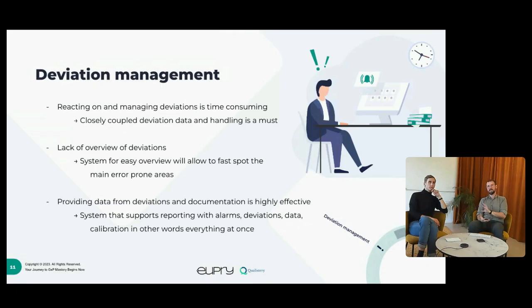So having a system that closely couples the data and the handling is a must in order to be able to automate that. Of course, there has to be human involvement, so I wouldn't say the terminology of automation fits entirely, but to greatly increase the efficiency of that, having a system that couples those two together in one system is definitely a goal.